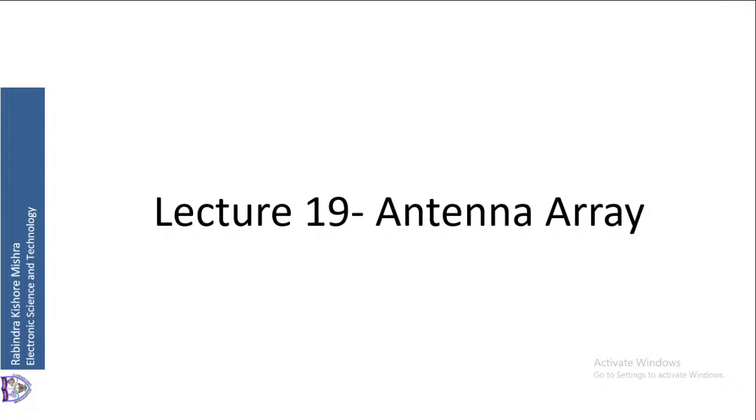Then we also know that each antenna is associated with its own radiation pattern, which means if we design an antenna, then that antenna will have a main beam in a particular direction.